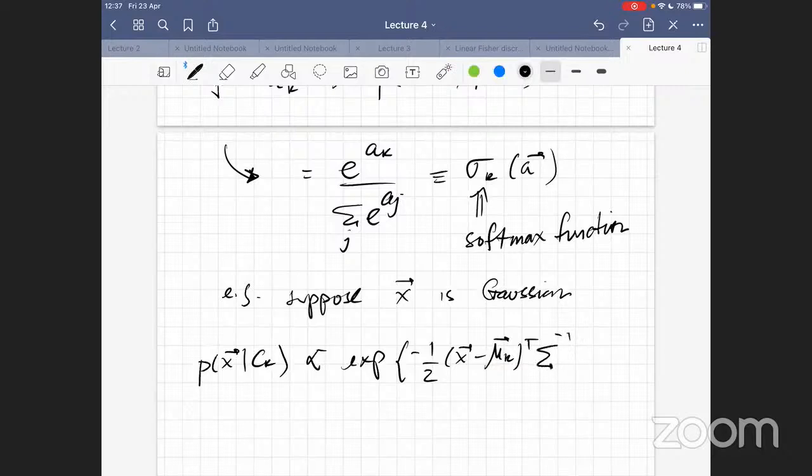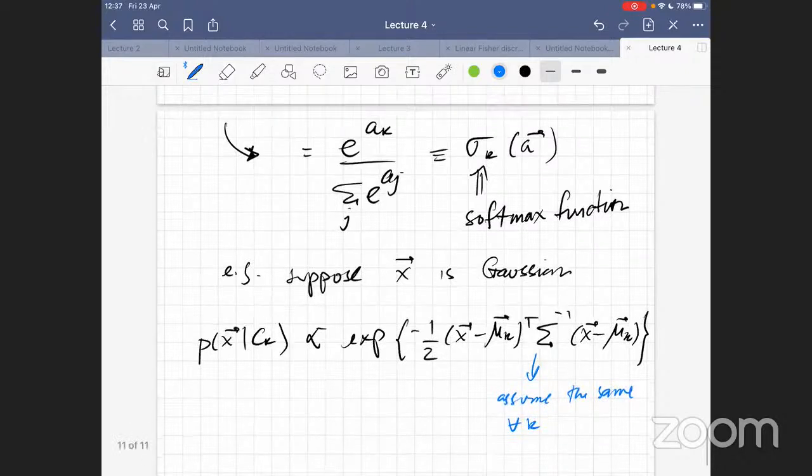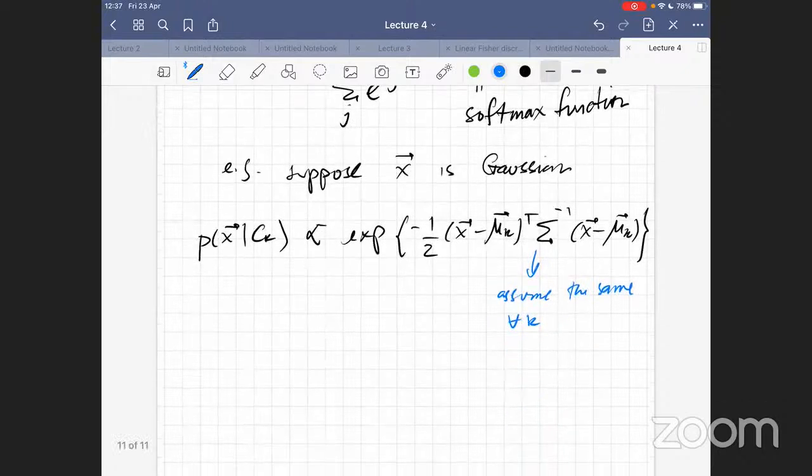multiplied by the inverse of the covariance matrix times the same, right? So let's assume the same covariance matrix for all the classes, just for simplicity. And of course, this mu_k characterizes the class.